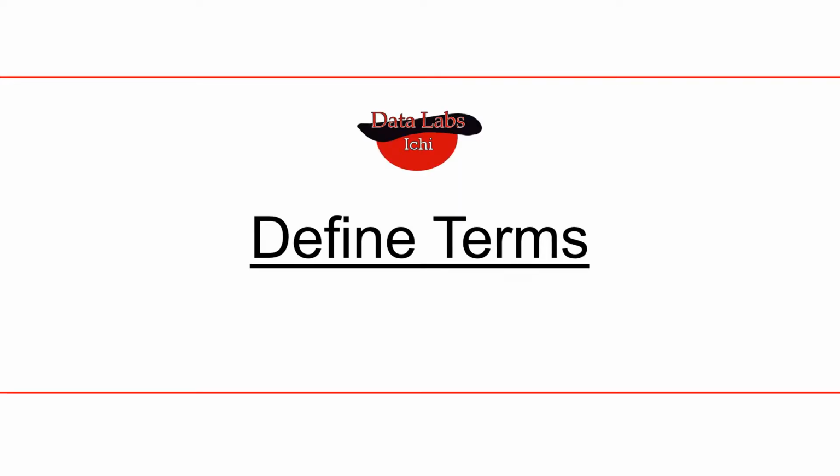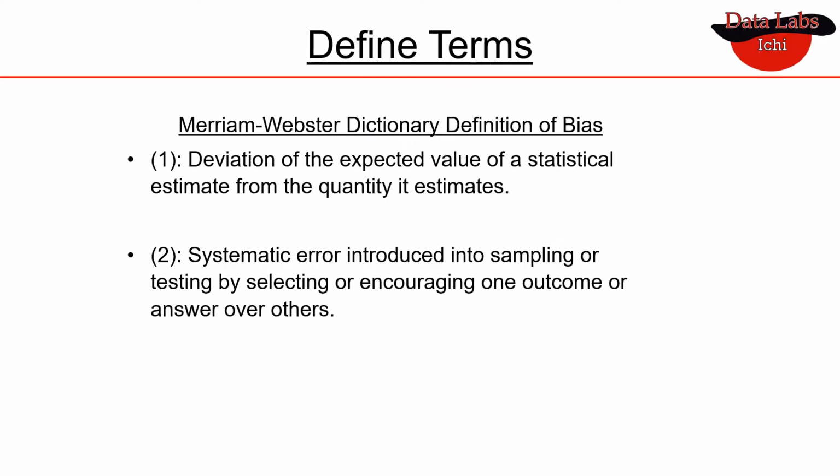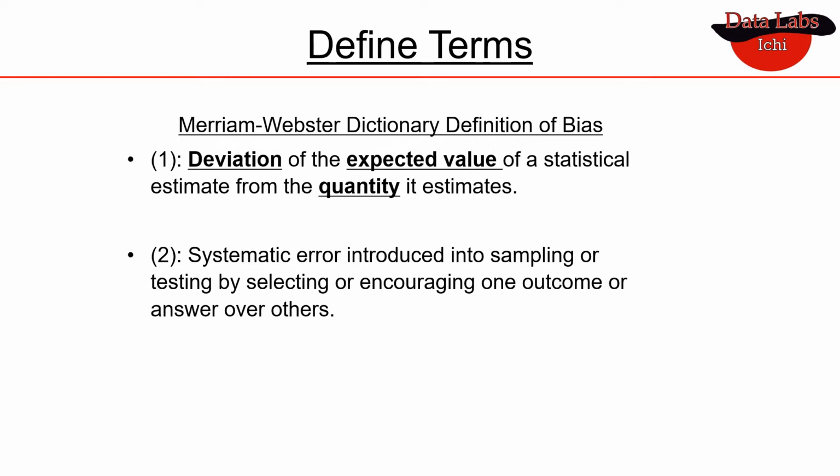So first, let's define terms. I'm using the Merriam-Webster dictionary definition of bias. I don't know if you've heard of the Merriam-Webster dictionary, but it's pretty popular. So first, we have the deviation of the expected value of a statistical estimate from the quantity it estimates. An example of this could be income.